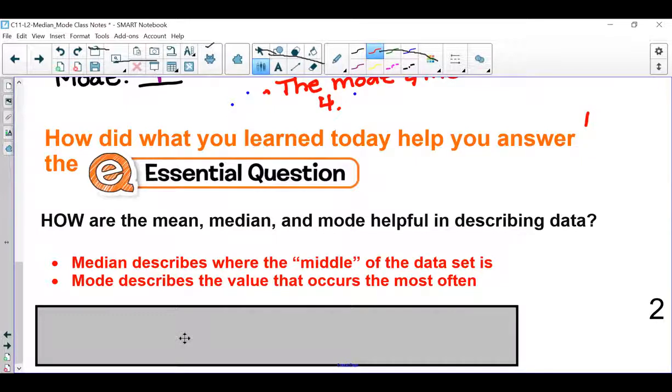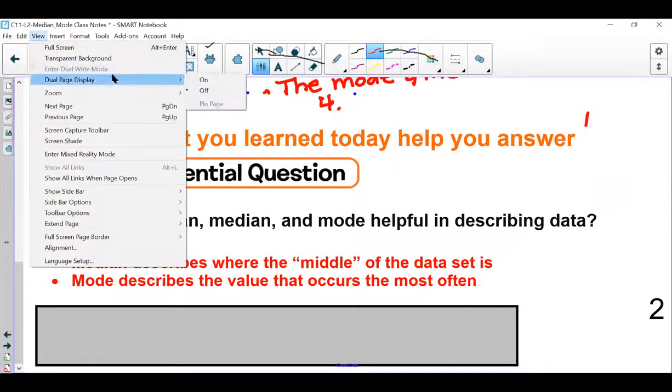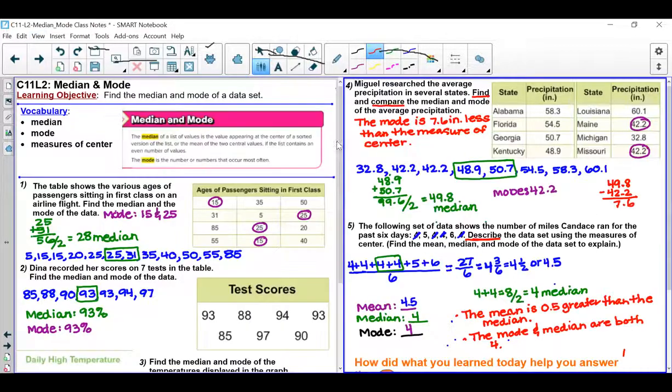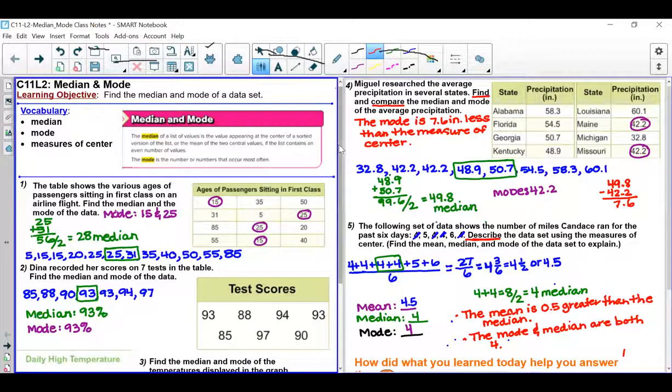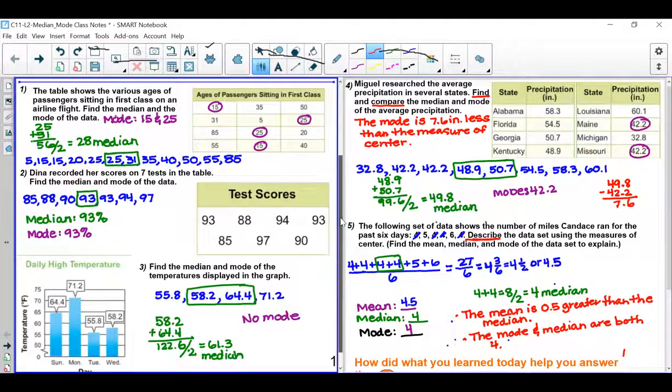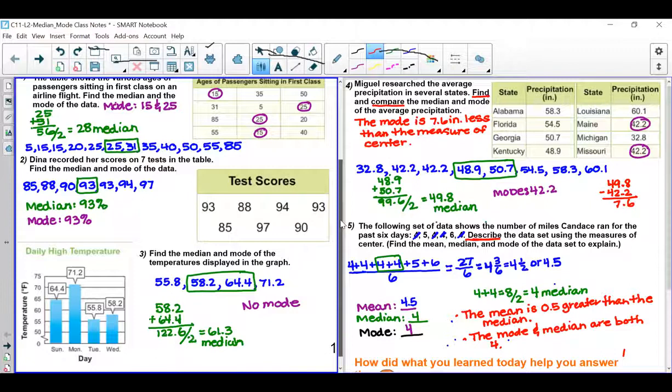It's the measure of center, and the mode describes the value, the answer that occurs the most often. So I'm going to give you a dual page, just in case you missed part of this. You'll have it right here.